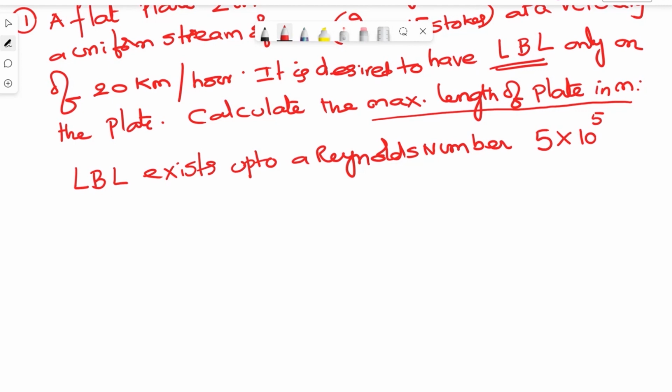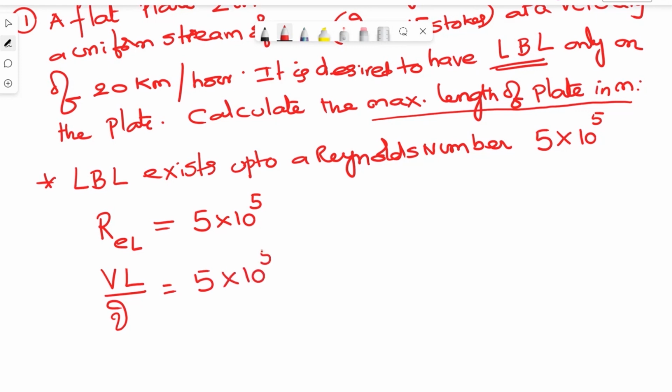So the Reynolds number Re_L should be equal to 5 into 10 to the power of 5 maximum, because he has asked for maximum length, otherwise it should be less than or equal to. And Reynolds number is equal to VL by nu, equal to 5 into 10 to the power of 5.